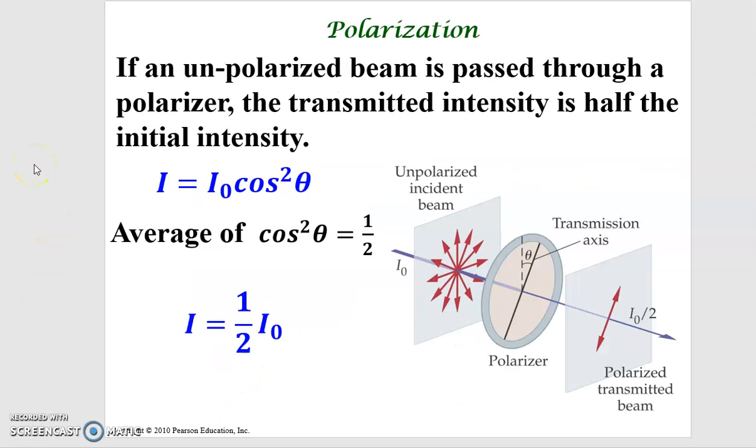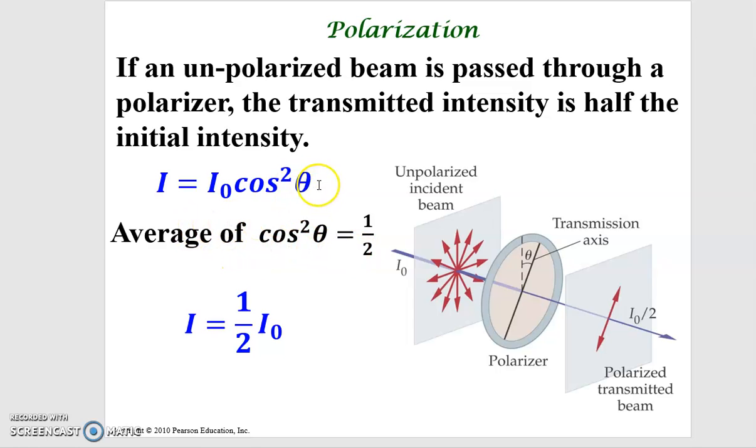So how about the case if you have an unpolarized beam? If you have an unpolarized one, you will ask which one I should use to determine the angle theta. The answer is you should not use any one of them for theta. Because it is randomly pointed in all directions, you are going to find the average value of cosine theta squared.